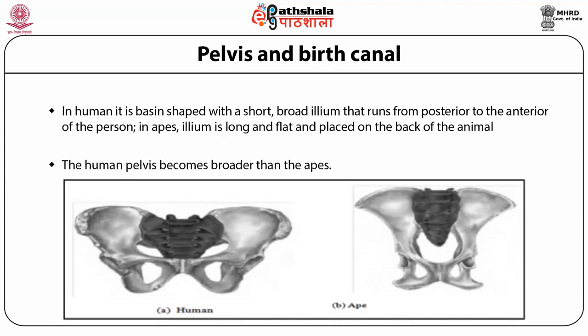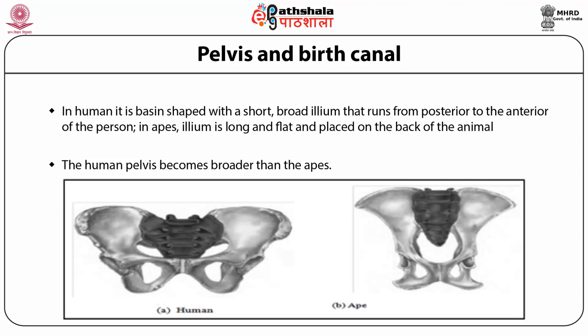This basin-shaped pelvis supports the abdominal organs that have a constant tendency to be pulled down by gravity, and hence helps in locomotion. The shortening and broadening of the ilium in humans places the acetabulum closer to the joint between the sacrum and ilium.